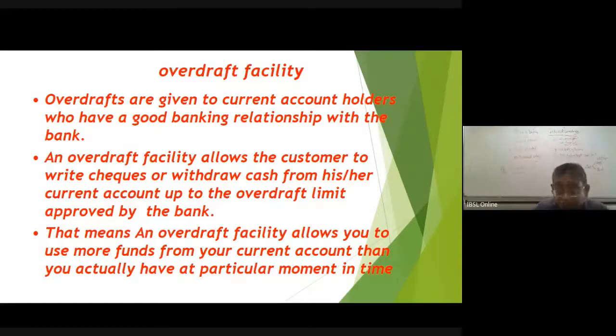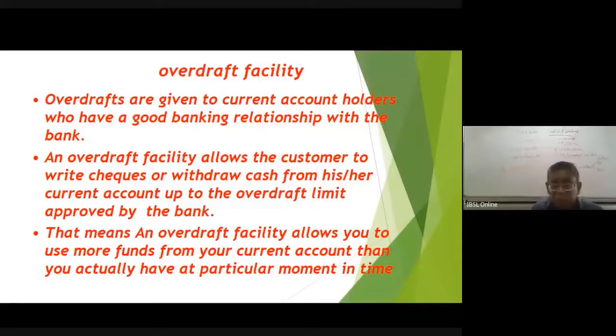Suppose you are a very good customer, you never asked for an OD facility, and I went through your records. You are maintaining your current account very well, and you never have problems maintaining it properly. But there are some instances where, without your knowledge, you may have gone overdrawn.